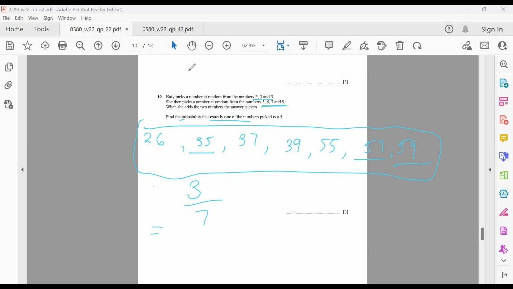So the answer is 3 upon 7. That was pretty simple. We just gotta use our brain, I'm guessing. We would have gotten the same answer if we just worked it out manually using all the cases, but this was a much simpler, easier way to figure out the answer. So the answer is 3 upon 7.